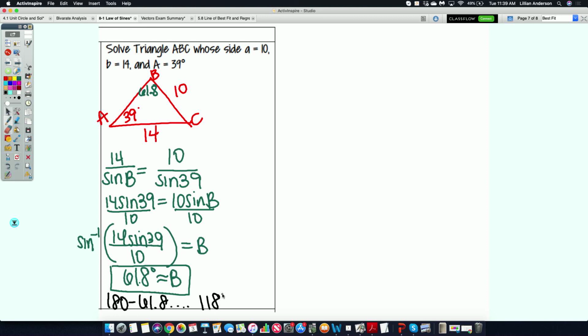That means that there is a second triangle where angle A is still 39, where side B is still 14, and side A is still 10. But this time, angle B is now 118. Okay? Have I lost anybody up to here?